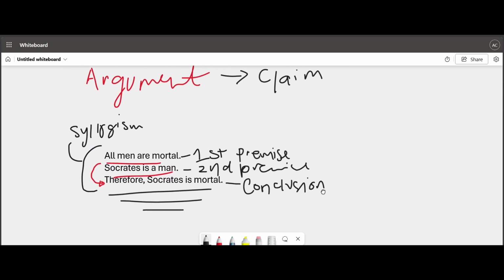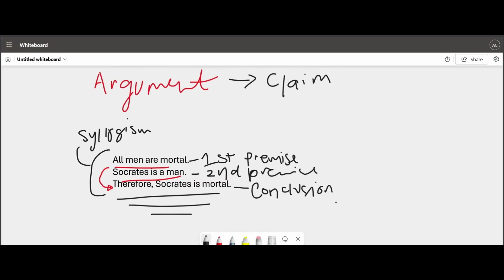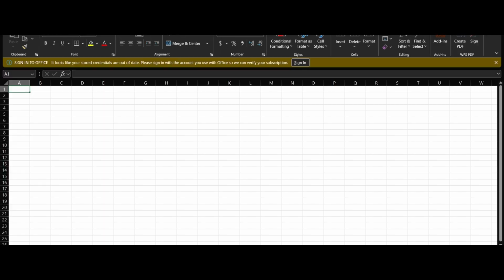Okay, so now that we've tackled that, let's go on to truth tables. Let's go on to the main discussion of this video, which are truth tables. Okay, so what are truth tables?